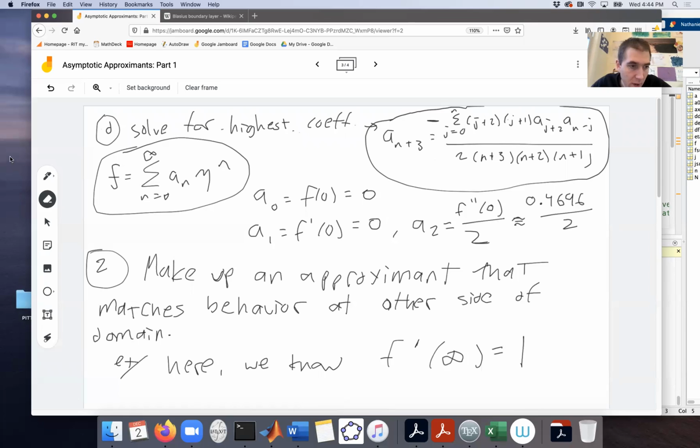Okay, so we know that f prime of infinity goes to 1. There's more information about this that we can get.